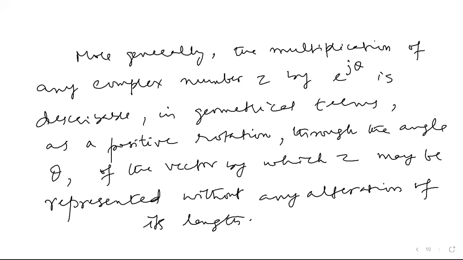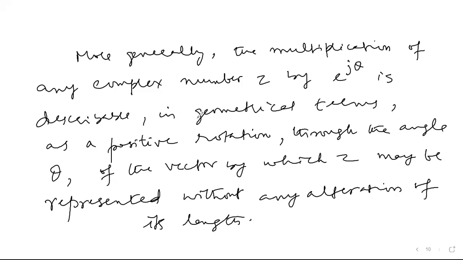I repeat it, the multiplication of any complex number z by e^(j theta) is describable in geometrical terms as a positive rotation through the angle theta of the vector by which z may be represented without any alteration of its length.